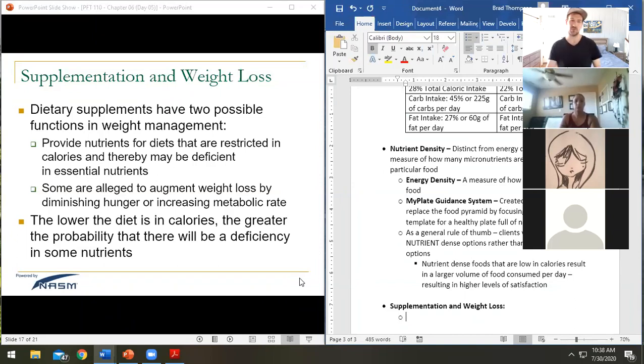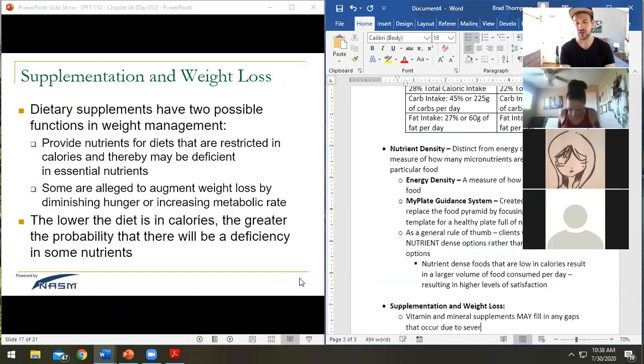It is there to supplement. So vitamin and mineral supplements, I'm going to put may fill in any gaps that occur due to severe calorie restriction.